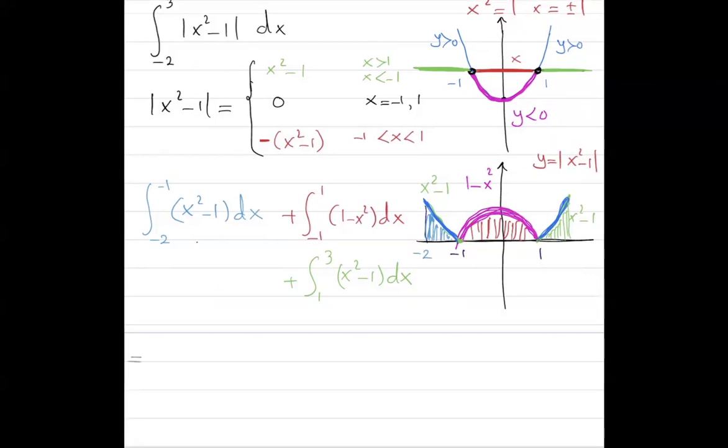The very first integral is x cubed divided by 3 minus x. Your x is bounded between -2 and -1. The middle integral is x minus x cubed divided by 3. x ranges between -1 and 1. And your last integral is x cubed divided by 3 minus x, and your x is bounded between 1 and 3. The rest is algebra.